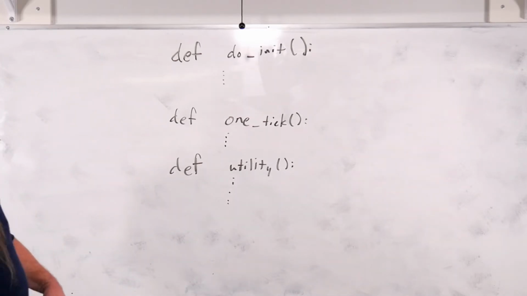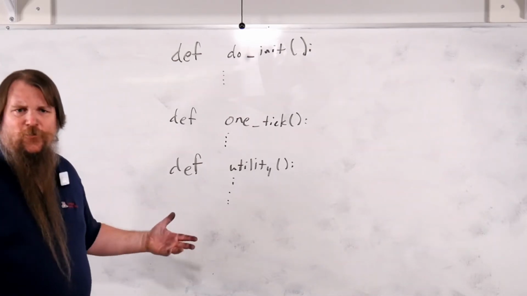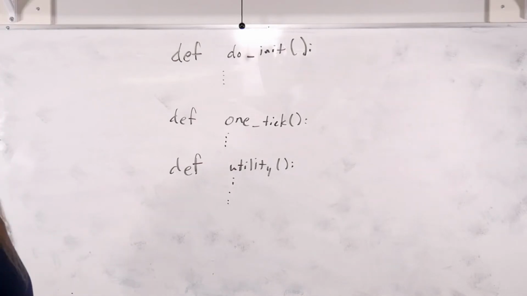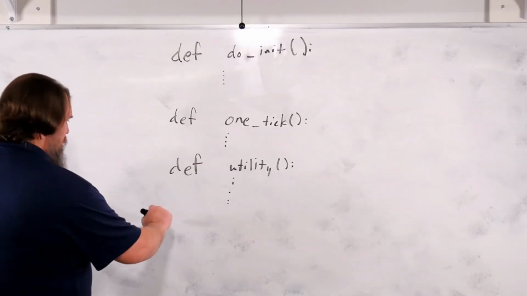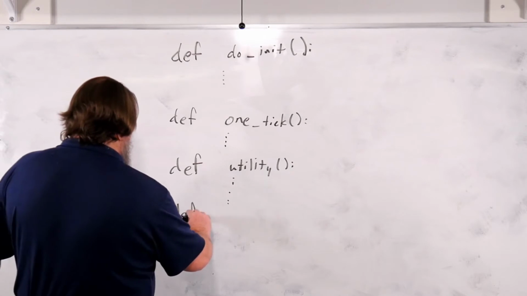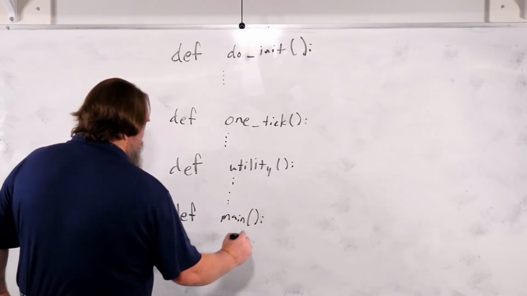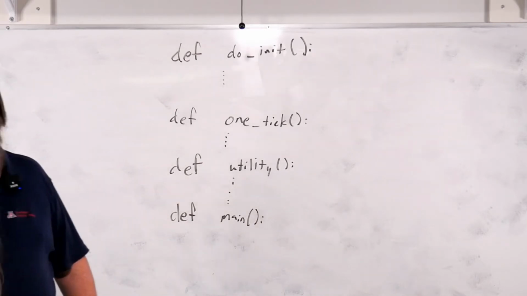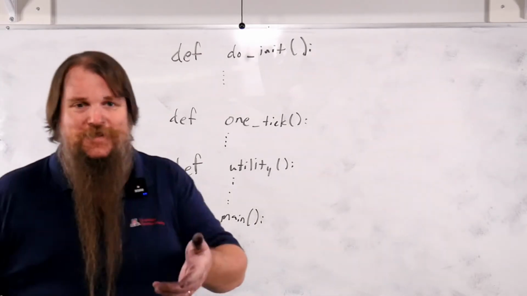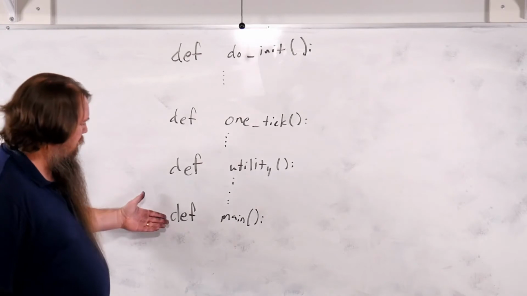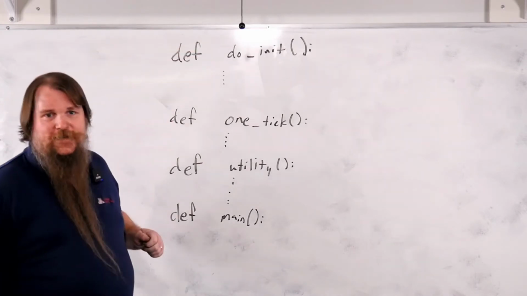But we also need something that kind of represents the whole function or the whole program as itself. And so we're also going to have in here def main. Now def main is going to contain the basic steps of the function of the code. So it's going to call the initialization function.